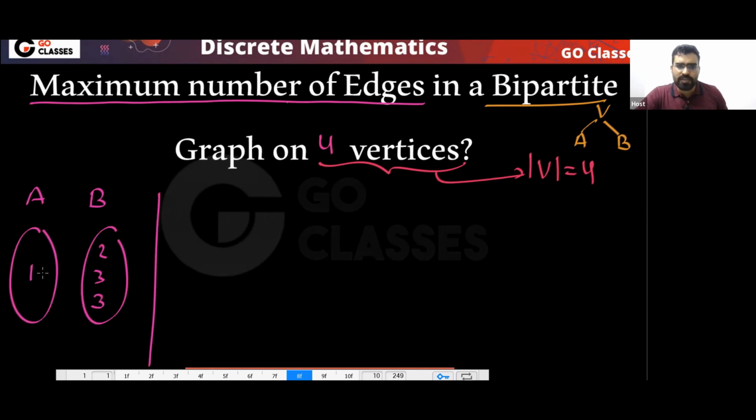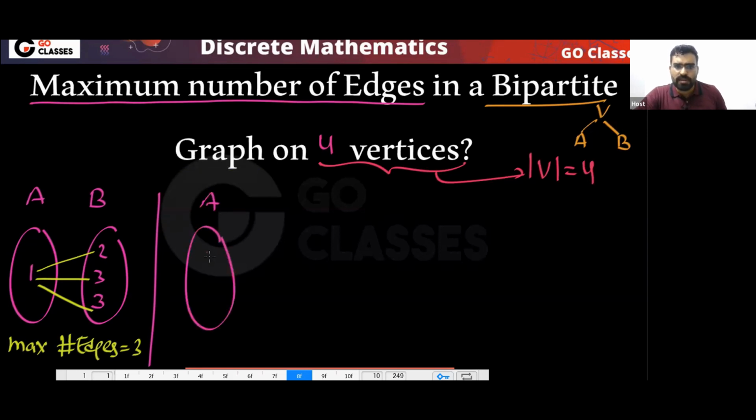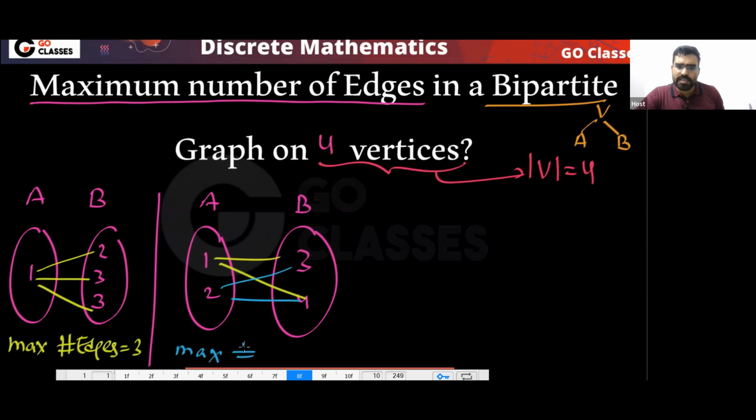The maximum number of edges will be 3. But from this question, we don't know the cardinality of the two parts. So for example, if I put 1 comma 2 here and 3 comma 4 here, then the maximum number of edges will be 4.